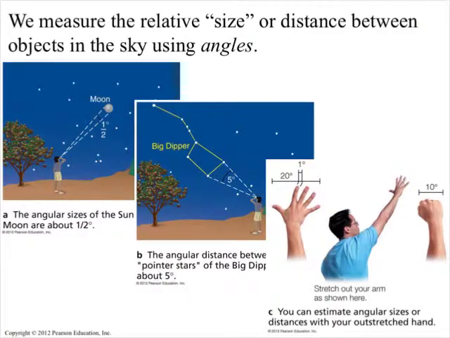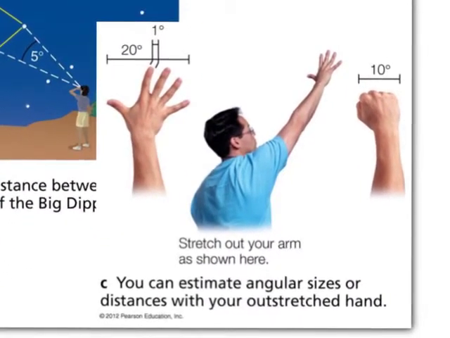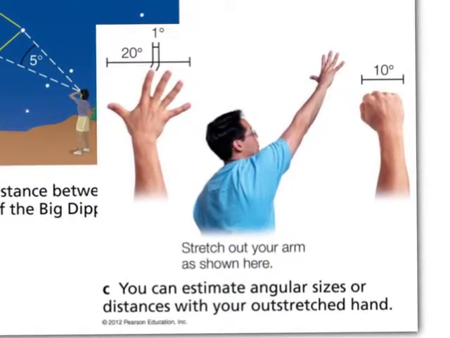Also related to the local sky, sometimes we want to be able to point up at an object and say, for instance, how far apart objects are, or how big an object is, or, for instance, that 60 degrees angle.